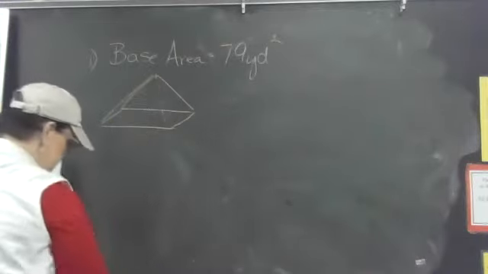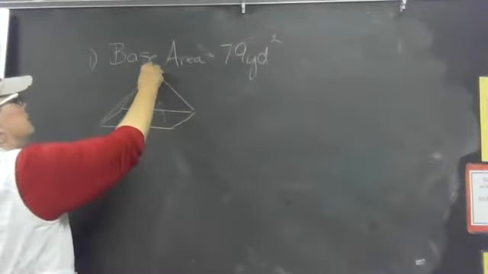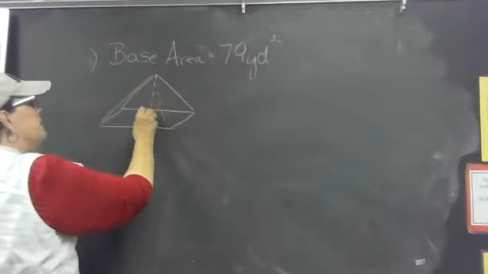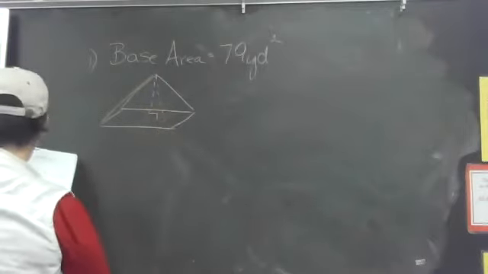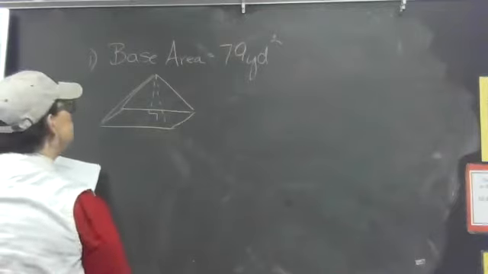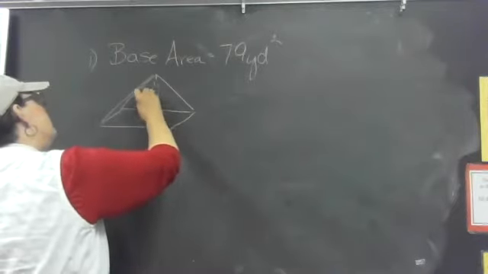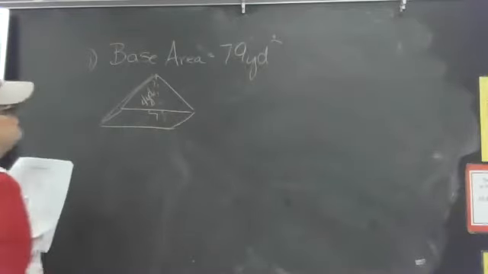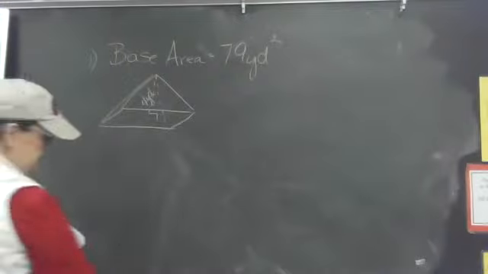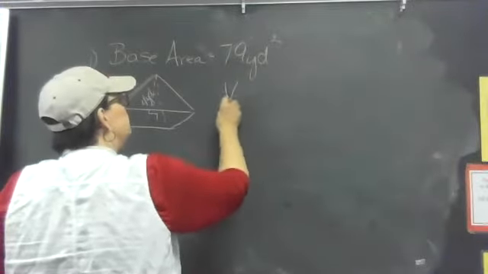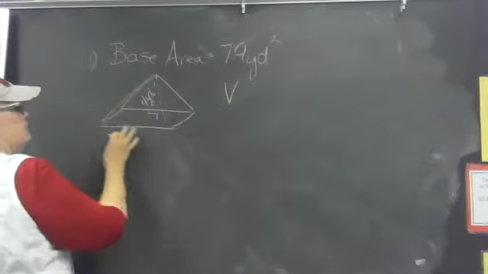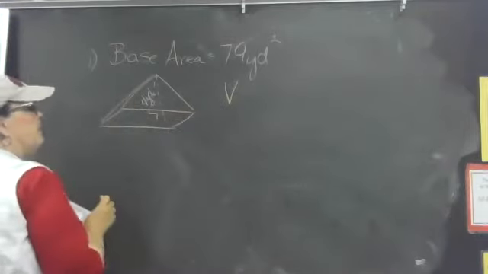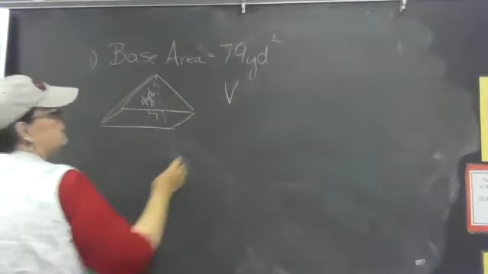And then it has a perpendicular height coming down to the base. And this says this is 4 yards. And we are finding the volume of this. This is a rectangle base, but it comes up to a point, so it's a pyramid, a rectangular pyramid.